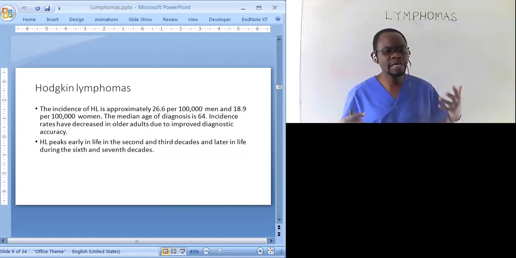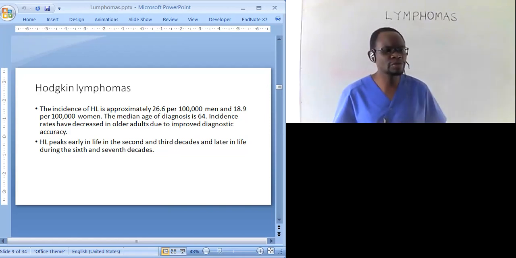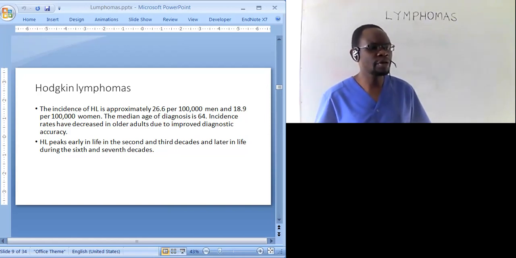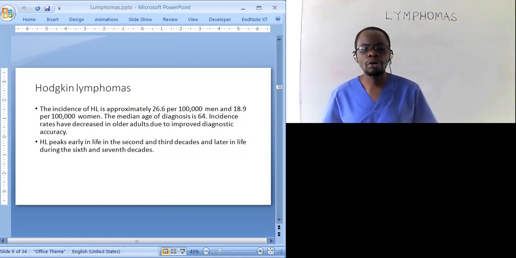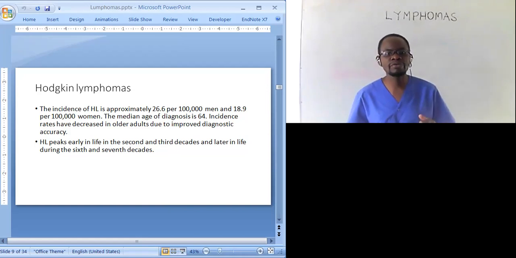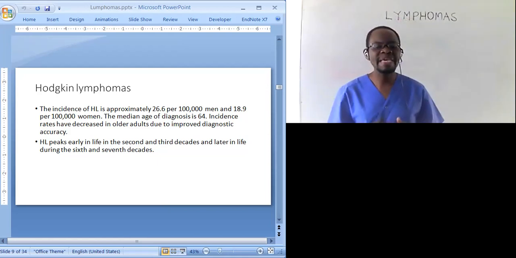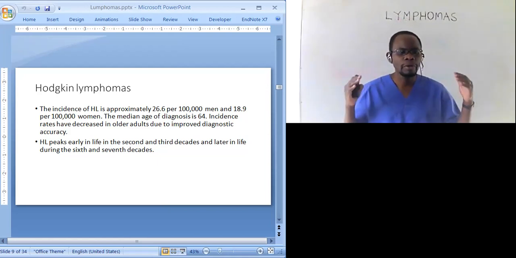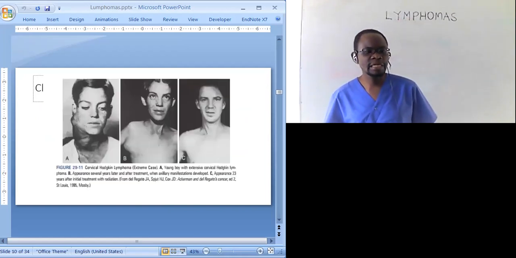However, they can be picked up, and most of them are picked up, as we saw earlier on, in the sixth up to seventh decades of life, and that is what we refer to as the median age of diagnosis.